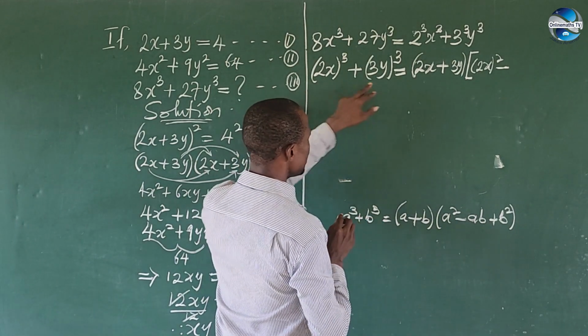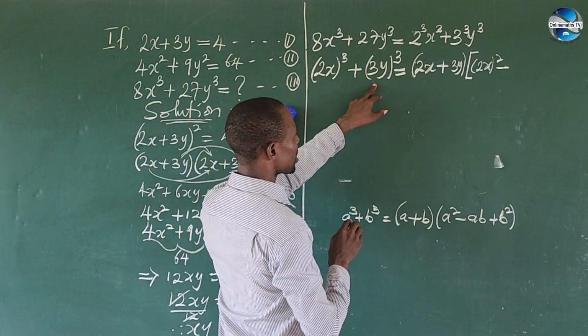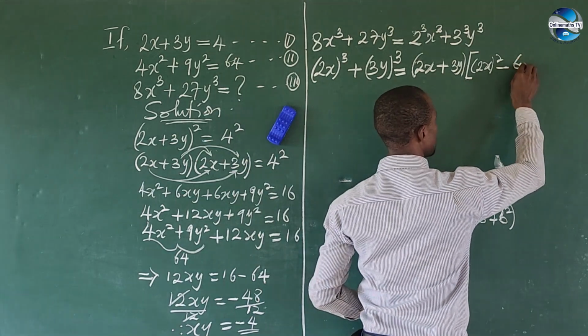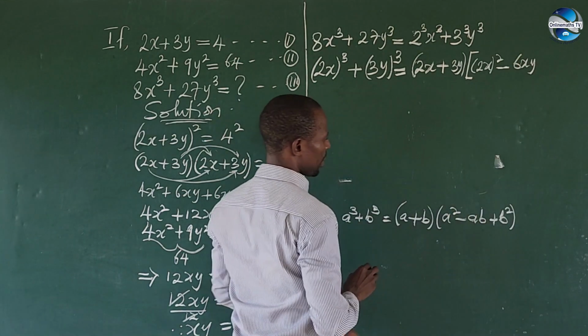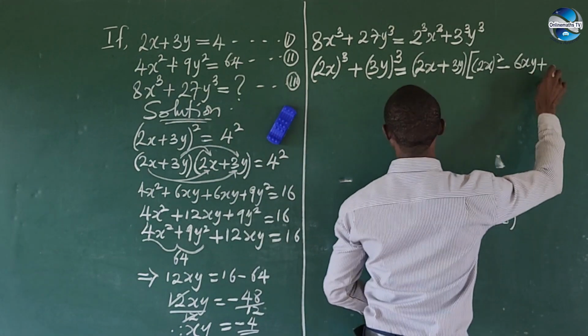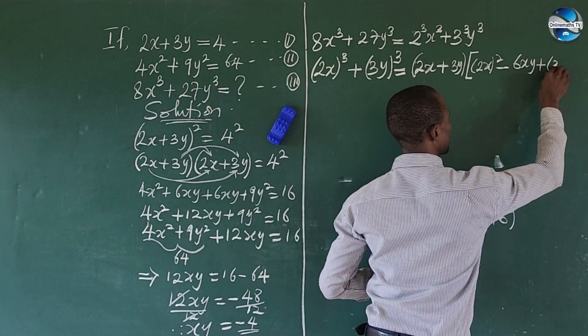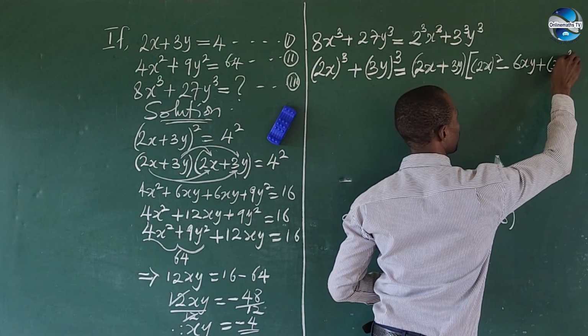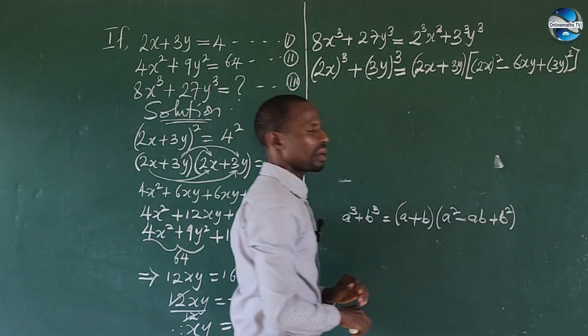So our ab is this, and this times this will give us 6xy. Then plus our b squared, here we have (3y) squared. Close our square bracket here.